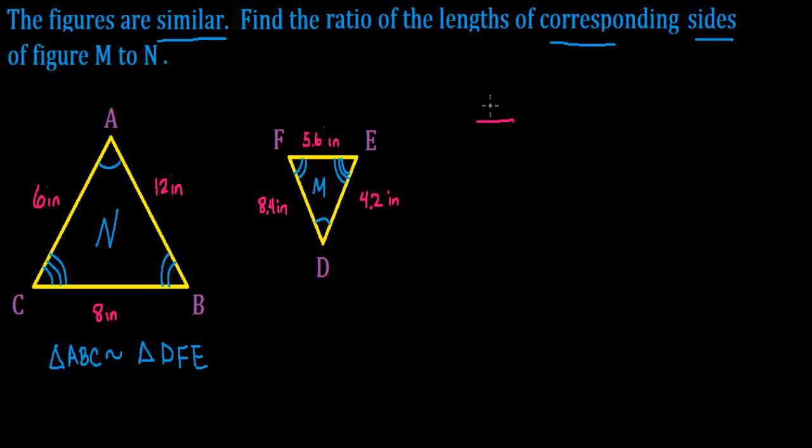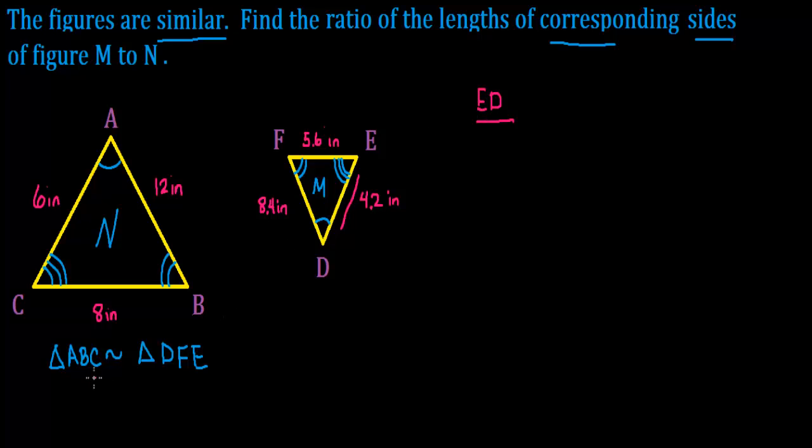Okay, so I'm here at figure M, and let's say I want to start with side ED. I need to find which side in this triangle corresponds with side ED. Okay, so we said we're going to start with side ED, so I'm going to write ED, and the denominator is going to have the label of the corresponding side to ED.